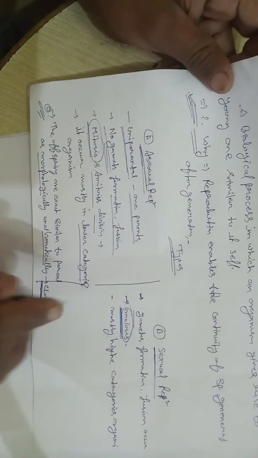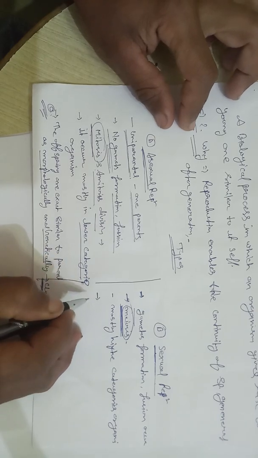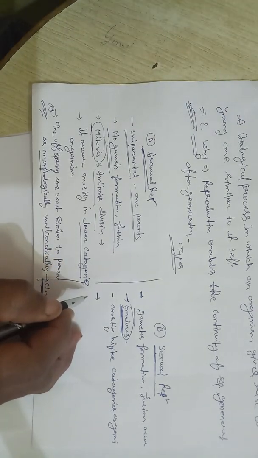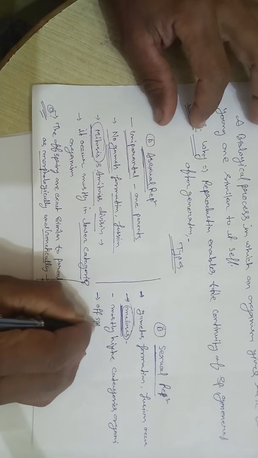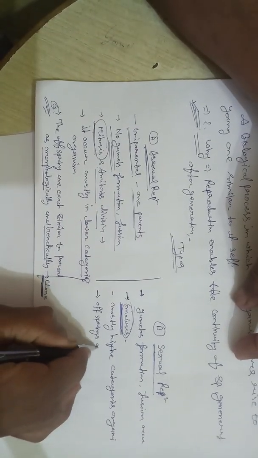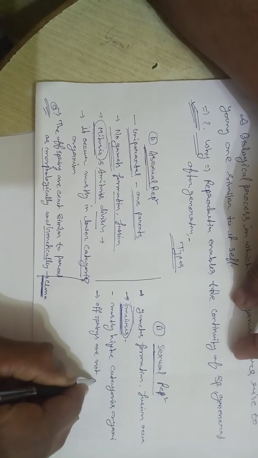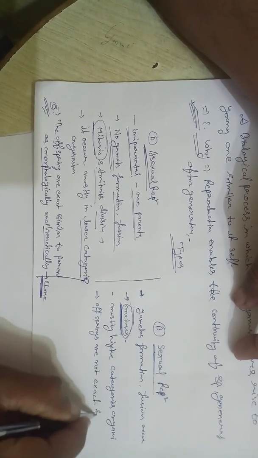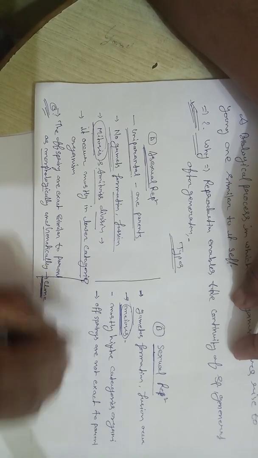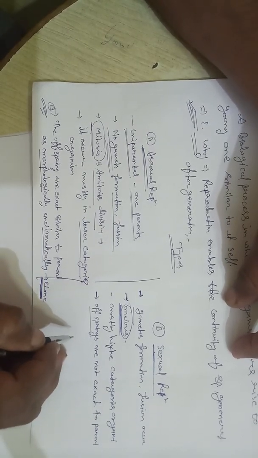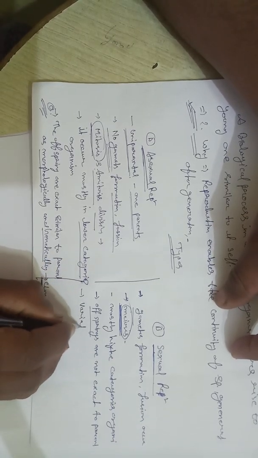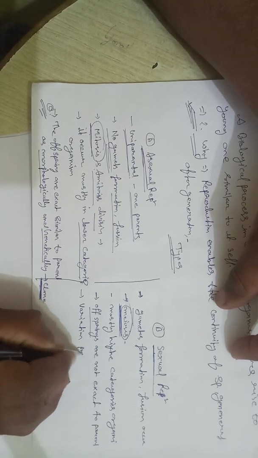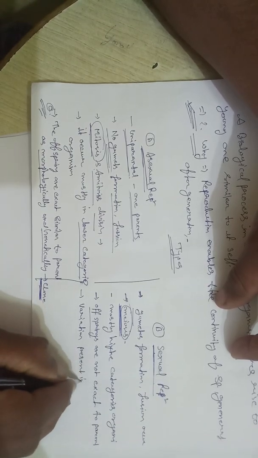Okay, now the most important thing in sexual reproduction is that because it has variation, the offspring are not exact to the parents. Why? The offspring are not exact to the parents because the variations are present in the offspring.